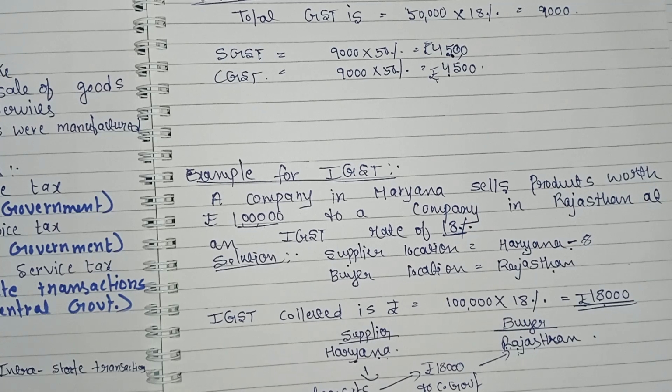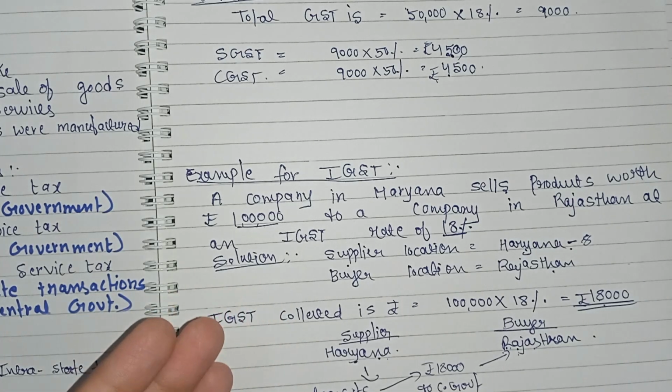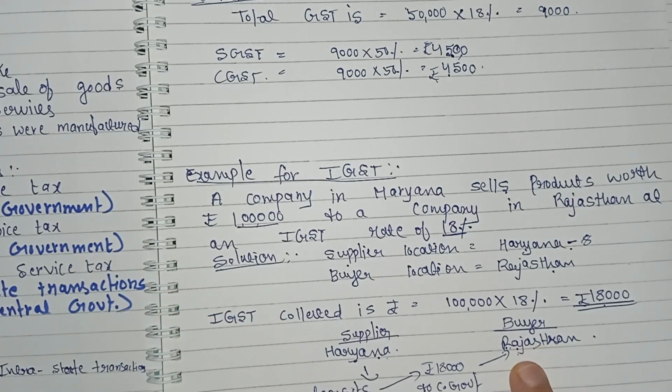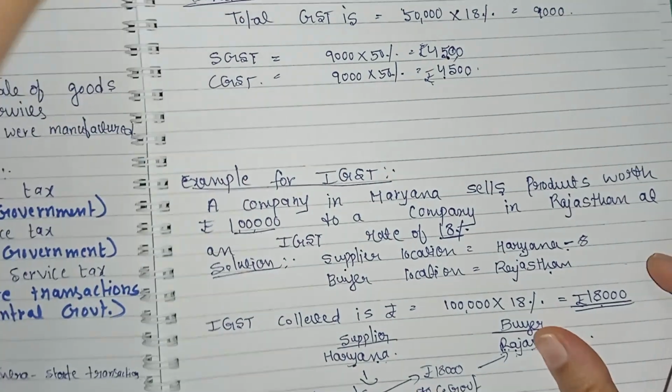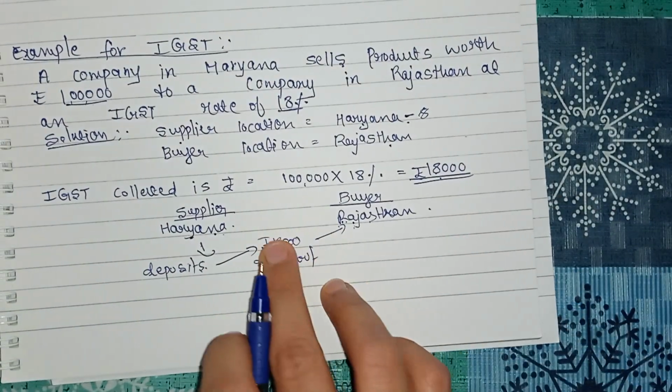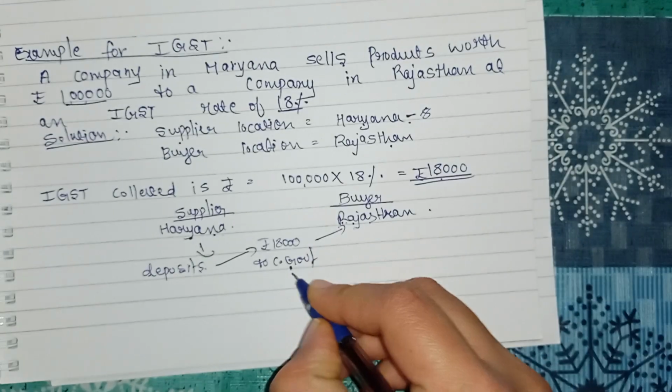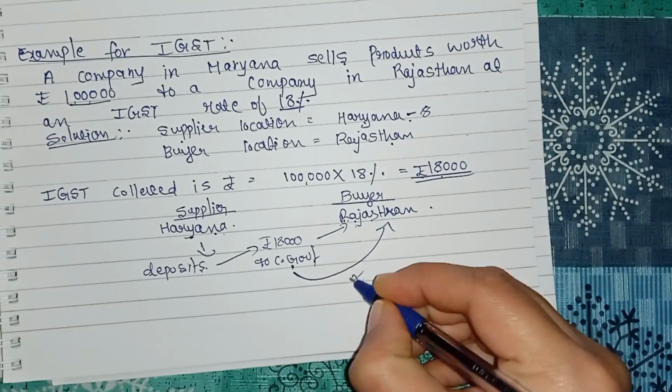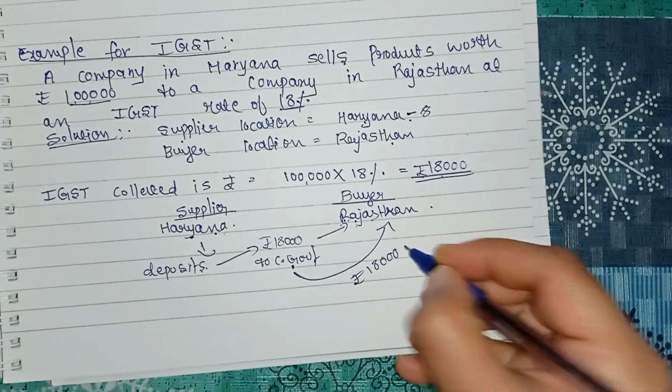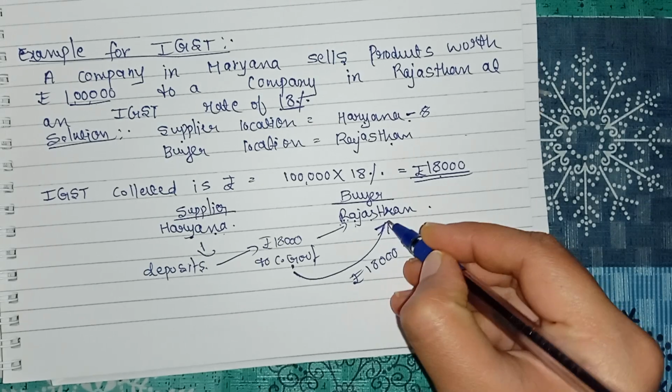And after that, then central government what will do? It transfers the rupees 18,000 to the state of Rajasthan. Central government transfers rupees 18,000 to the state of Rajasthan.